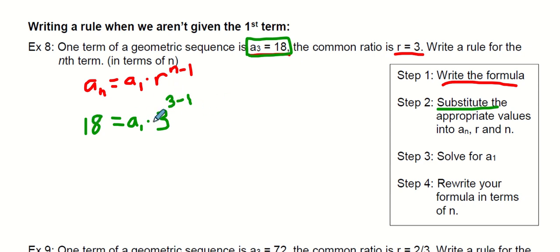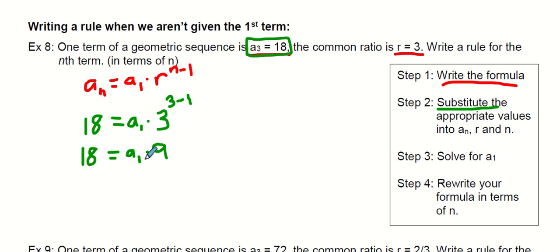All right, so now we're just pretty much solving for this. So this becomes 18 equals A1, and A1 is just a variable. You could actually replace it with X if you wanted to, times, well, this is 3 to the second power, which is what? Well, 9. So 3 to the 3 minus 1 power is 3 to the second power, which is 9.